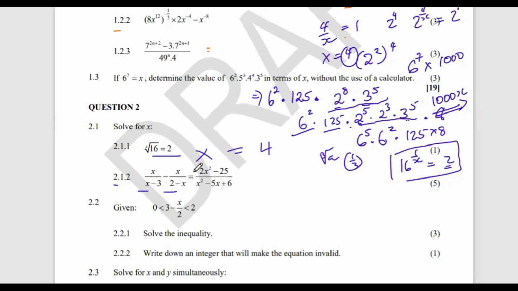Okay, so it's x over x minus 3 minus, I don't know whether I should just cross multiply there and there, so that we save time. Okay, so that's going to be x into 2 minus, let me just use that other page.